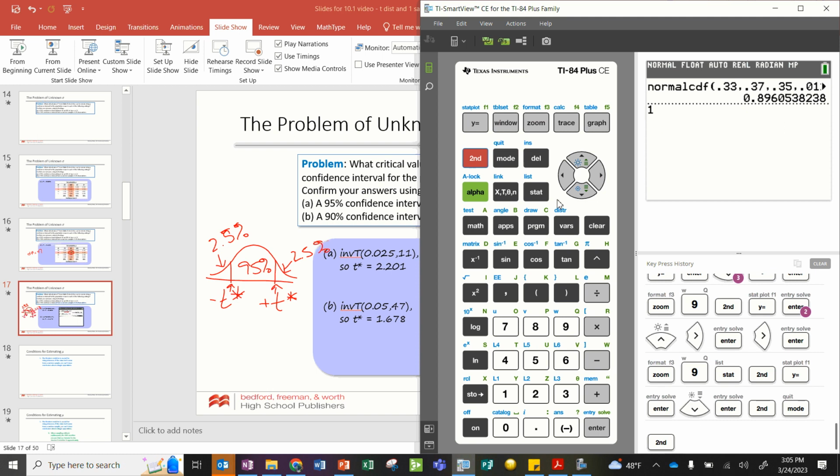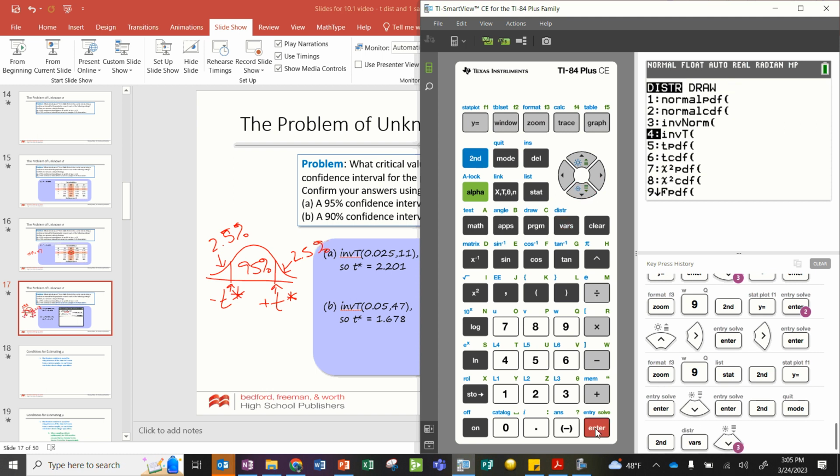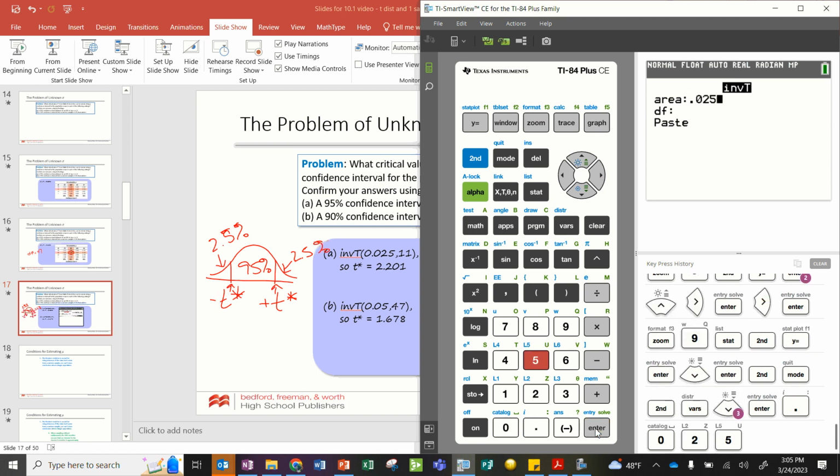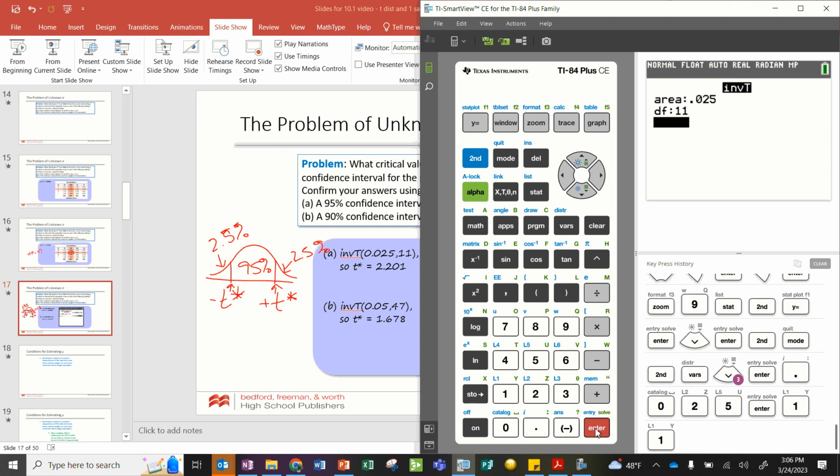You would go to second distribution, inverse T. And then, for example, this first one, I would type in the area 0.025. My degrees of freedom, if my sample size is 12, is 11, right? So there you go.